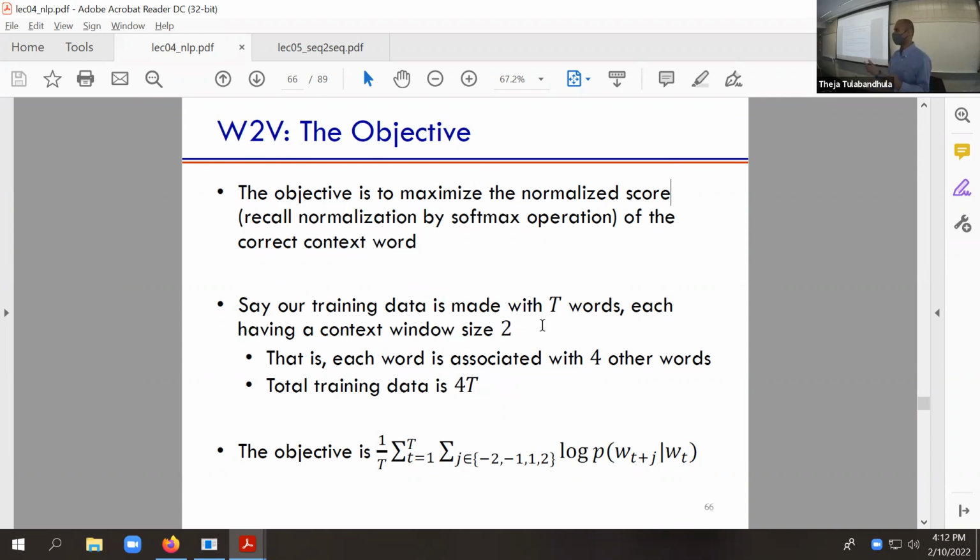It's all approximation, because if you're at the start of the sentence, you may not have 2 words to the left of you. Then you have almost 4 times the training data. This objective says: for each word, sum over all the context window offsets, -2, -1, +1, +2, of the log of the probability of that context word given the current word.